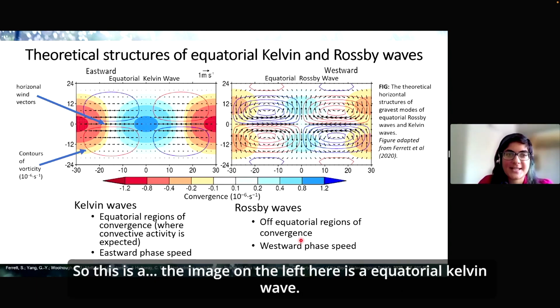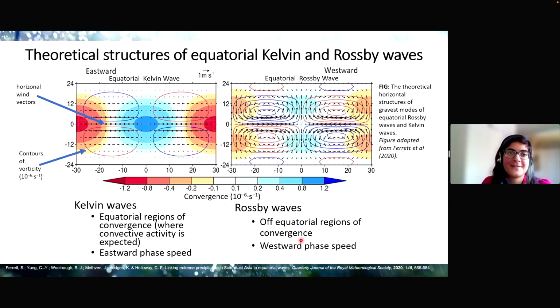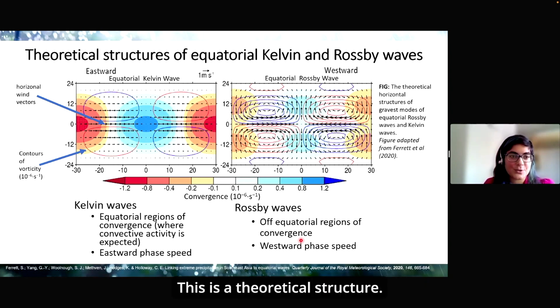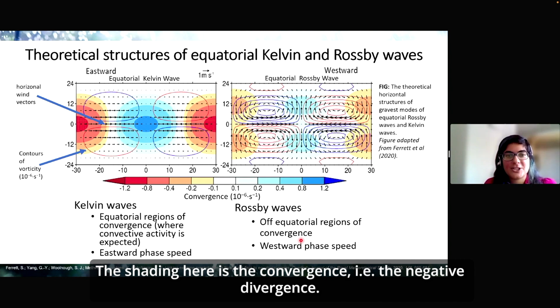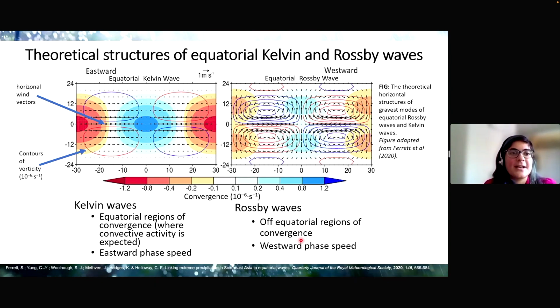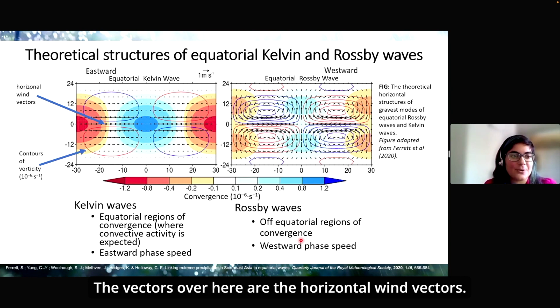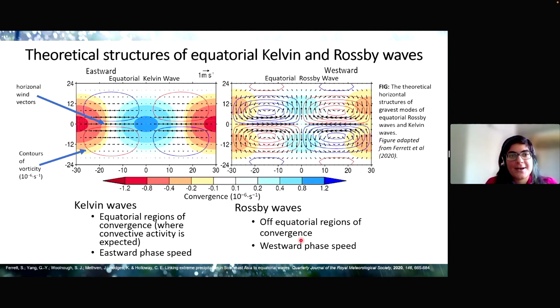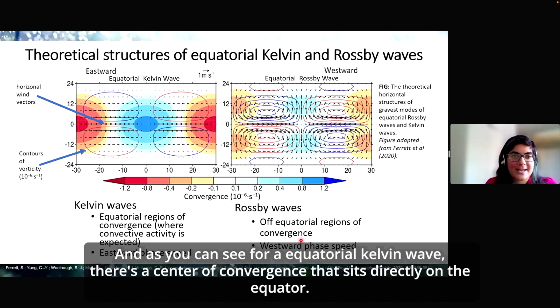The image on the left here is an equatorial Kelvin wave. This is a theoretical structure. The shading here is the convergence, i.e. the negative divergence. The vectors over here are the horizontal wind vectors. And as you can see, for an equatorial Kelvin wave, there's a center of convergence that sits directly on the equator.